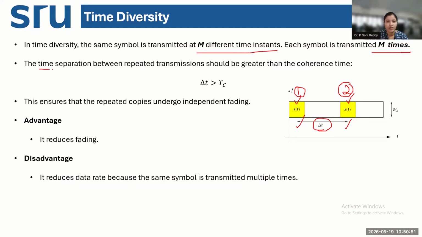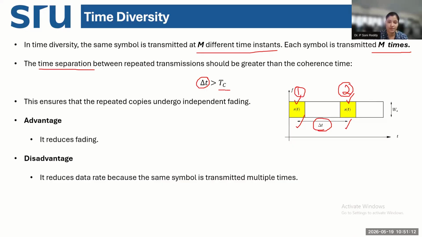Now the separation between the transmitted signals is called delta T. The most important factor for time diversity is that this separation should be greater than the coherence time. That means the minimum time over which the channel remains unchanged, or remains flat or fixed, is called the coherence time.